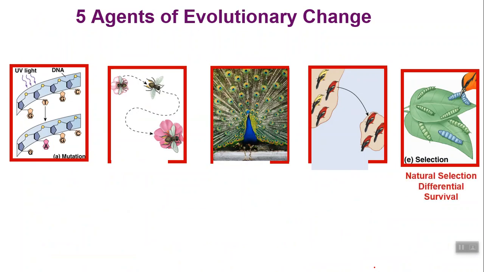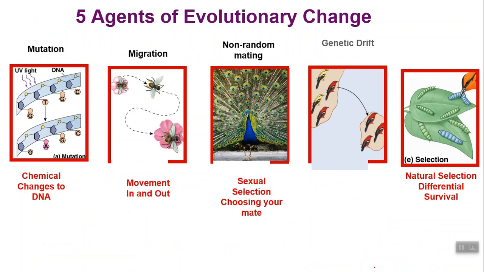So let's go ahead and summarize. Here, just really quick, light causes what are called heterodimers to form. Basically, you don't need to know that, but that changes DNA, causes a mutation. As individuals migrate and move, they bring their alleles with them in or out. Sexual selection, choosing your mates.